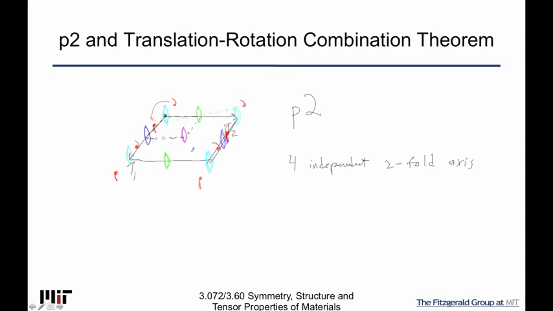Now, I could have done this by inspection, because when I put these two guys here and I repeat them everywhere, I could have identified this, I could have identified all of these by inspection. What we're really doing is saying this translation rotation combination theorem tells me which group members I have to have. So if this is going to be a valid group, it means that when I have these guys and this guy, I'm going to create this other group member.